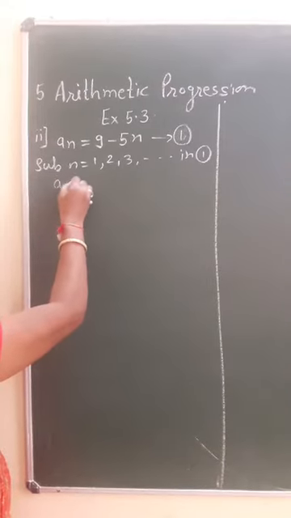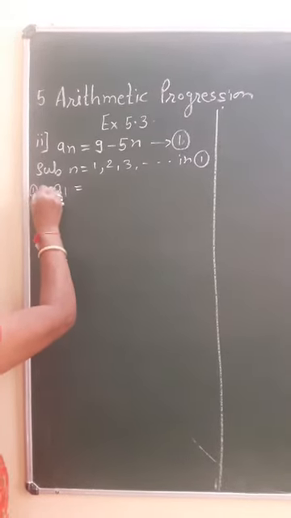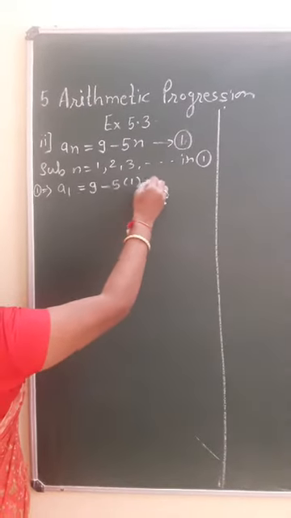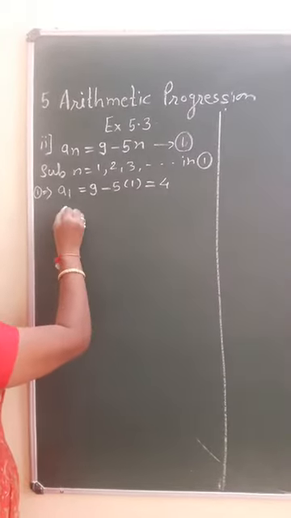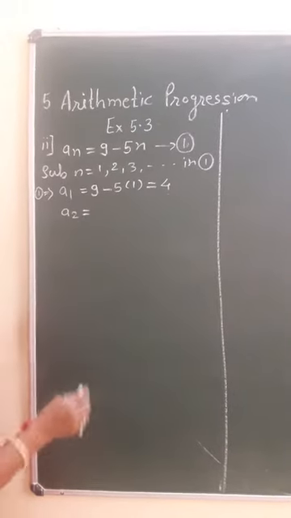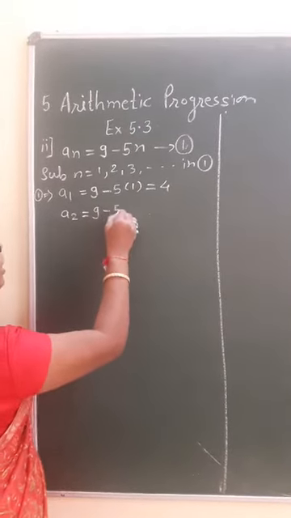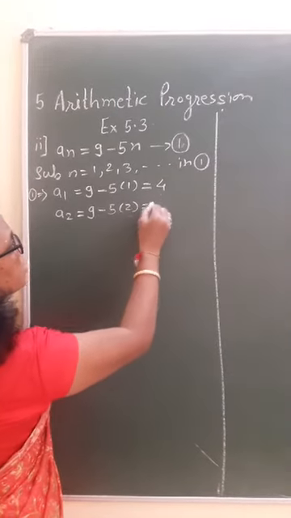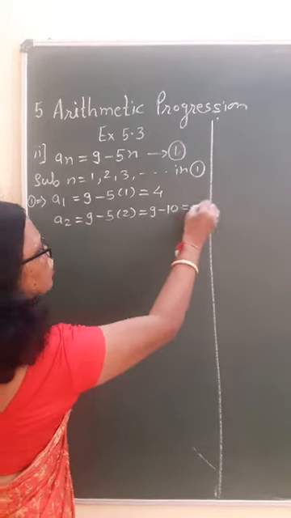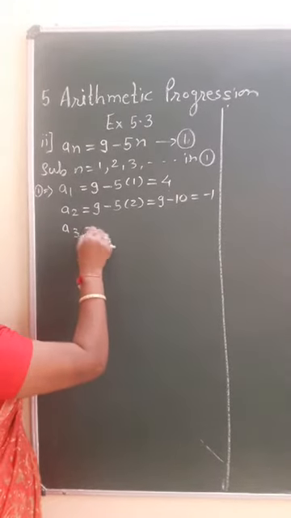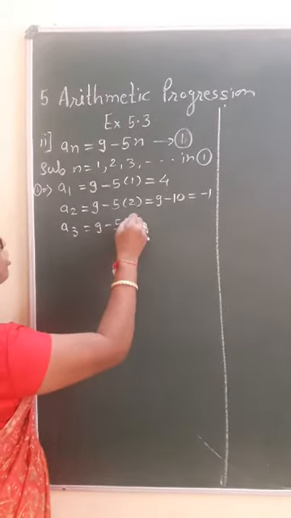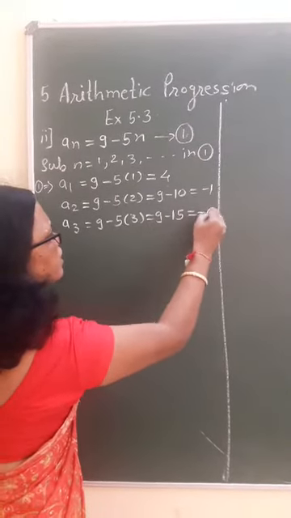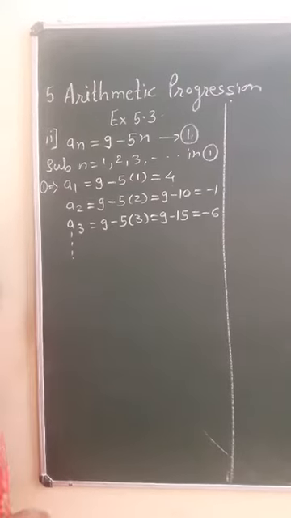So A1 is equal to 9 minus 5 into 1. 9 minus 5 is 4. Again we substitute n is equal to 2, we get 9 minus 5 into 2, 5 2s are 10, 9 minus 10 which is equal to minus 1. A3 is equal to 9 minus 5 into 3, 5 3s are 15, 9 minus 15 is minus 6, and so on we will find.